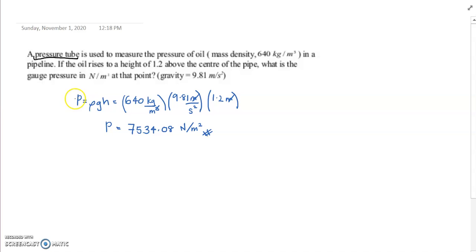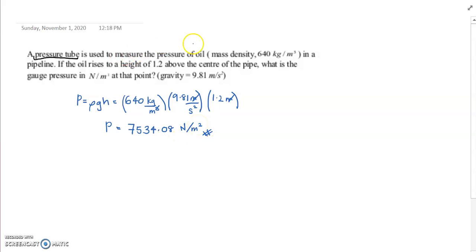You just use P equals rho gh, and the height is given as 1.2. So this is PB. Your rho is 640 multiplied by gravity 9.81 multiplied by height 1.2. So your P is 7,534.08 Newton per meter squared.